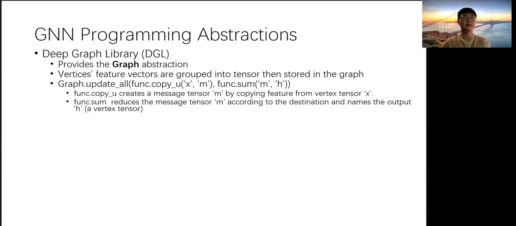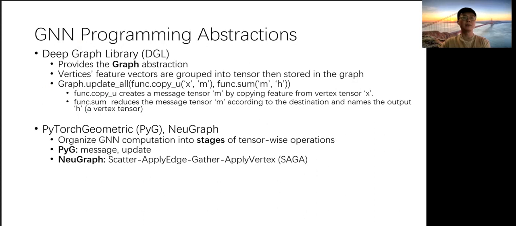For example, update_all executes two functions for the whole graph, one message function and one reduce function. In the shown example, the copy_u function creates a message tensor M by copying features from vertex tensor X. The sum operator then reduces the message tensor M according to the destination and names the output H.